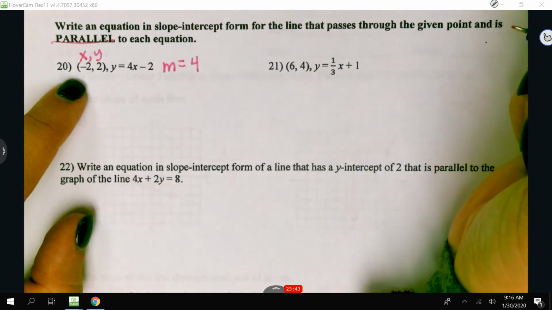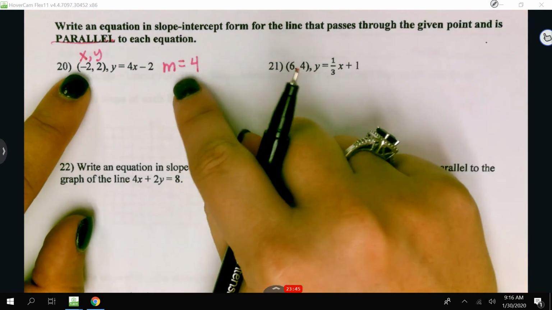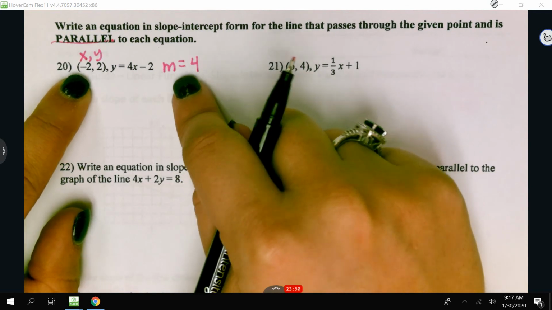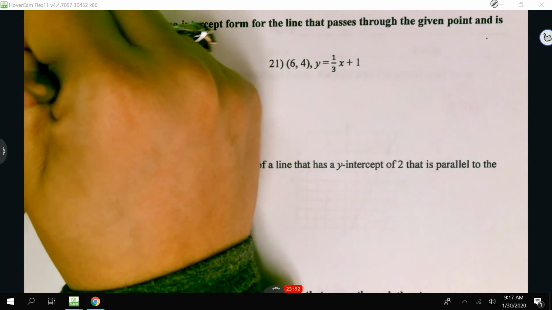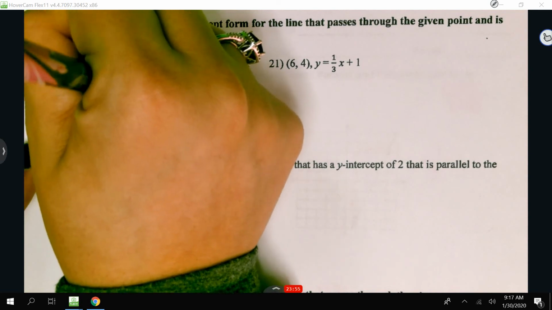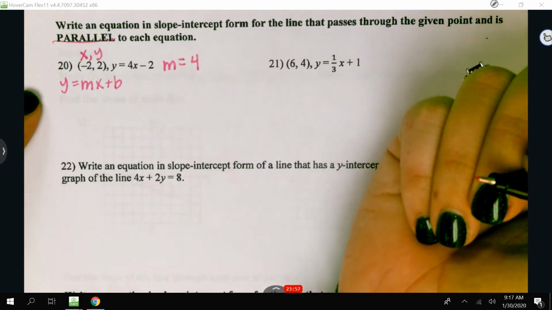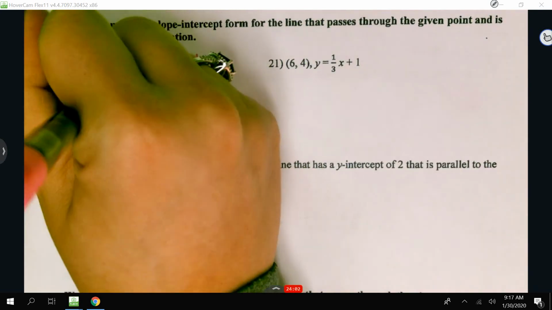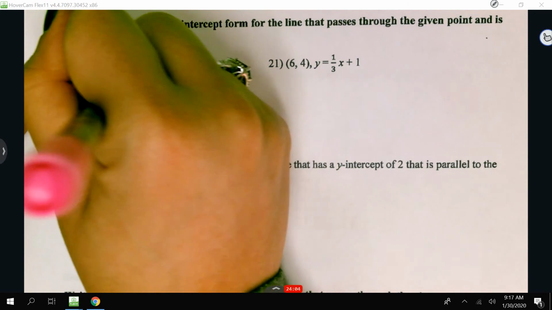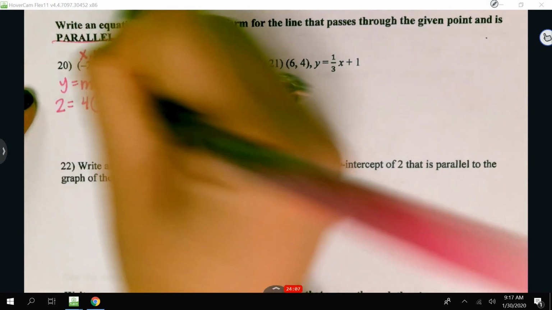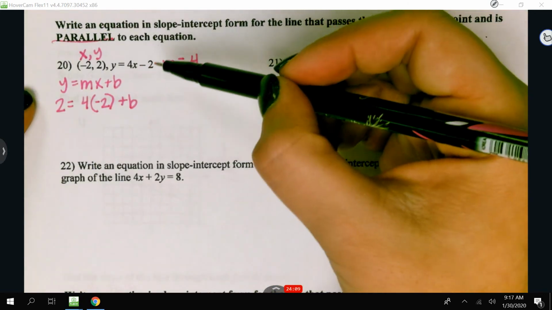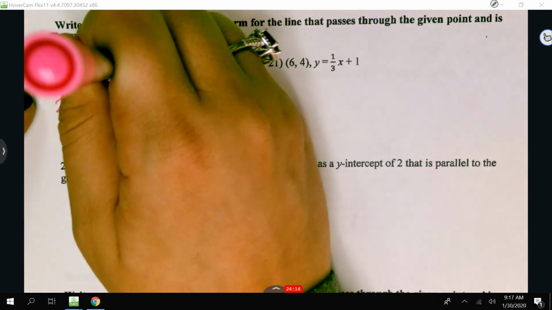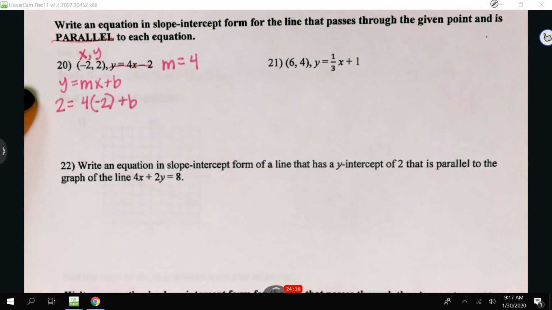So if you need to find an equation, do you have a point and a slope? Can you find an equation given a point and a slope? Yes, you can. You're going to plug that into y equals mx plus b form. Okay. So my y is 2. My m is 4. My x is negative 2, and I don't know the b. You do not use this negative 2b. That's why once you find your m, you can forget about this equation. Okay.